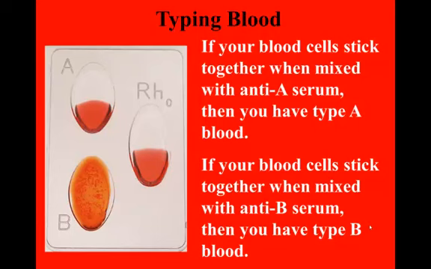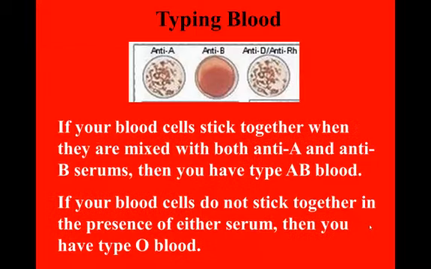B negative blood. Now look at the sample up here. You had the A well clump and you had the RH clump, but not the B. So what type blood would that person have? A positive blood.